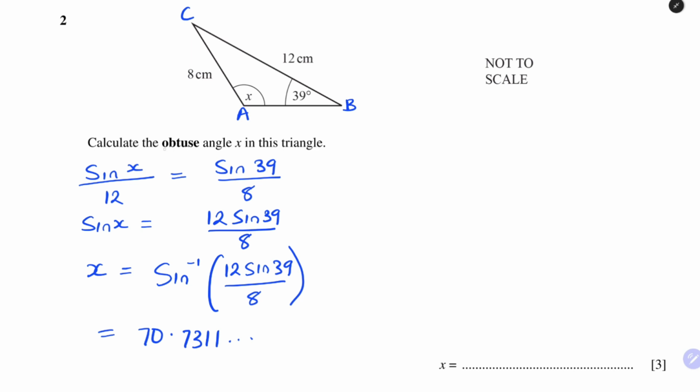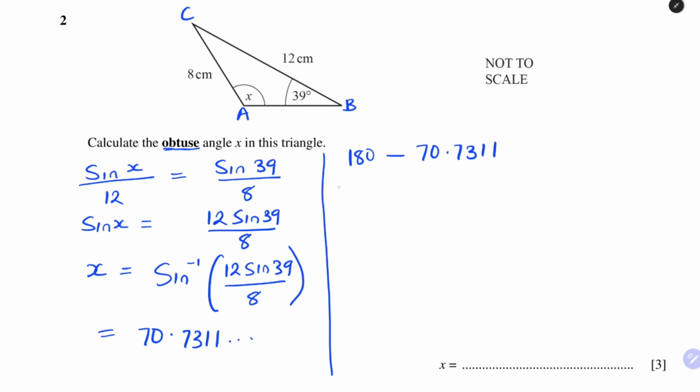But there is an extra piece of information given here. We are told to calculate the obtuse angle. This value is acute because it is less than 90. An obtuse angle is an angle that is greater than 90. So even though we have gotten 70 here, to find its obtuse version we need to say 180 minus the answer we got, 70.7311.